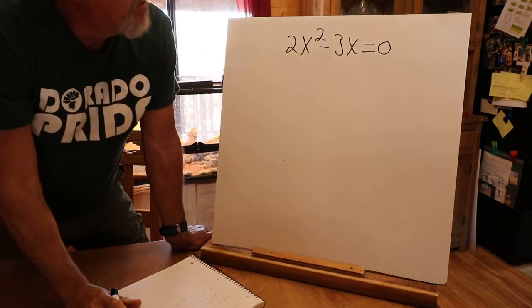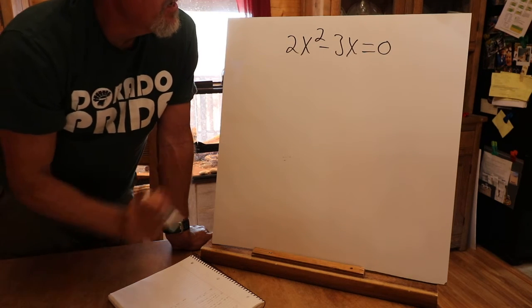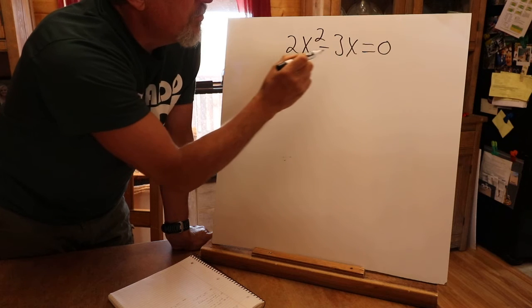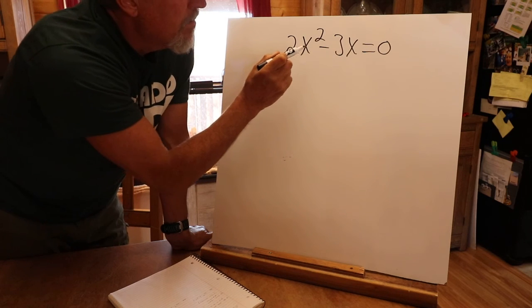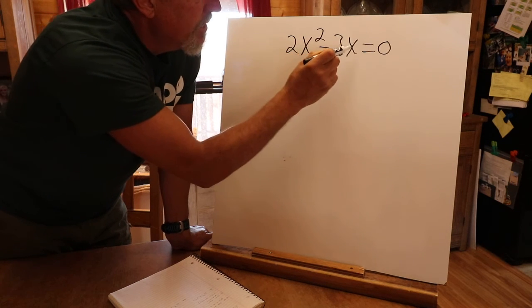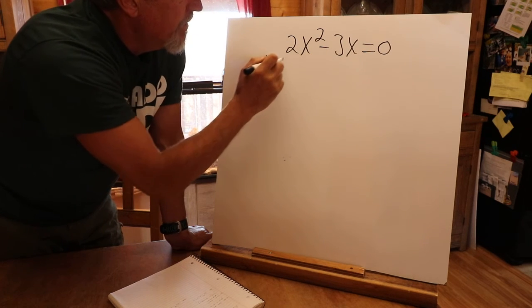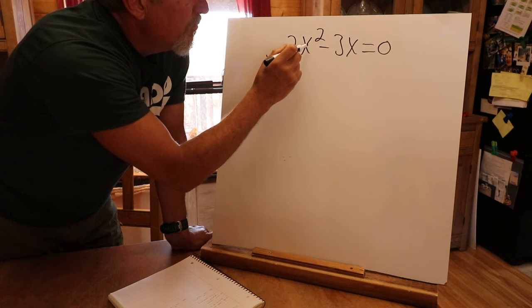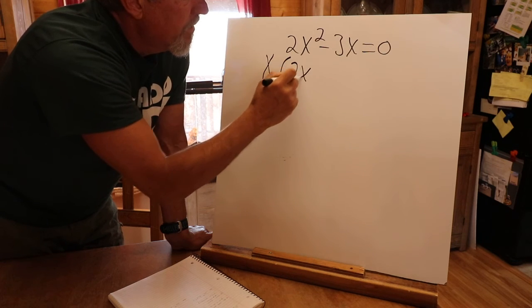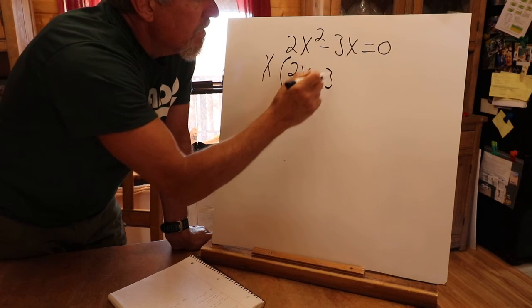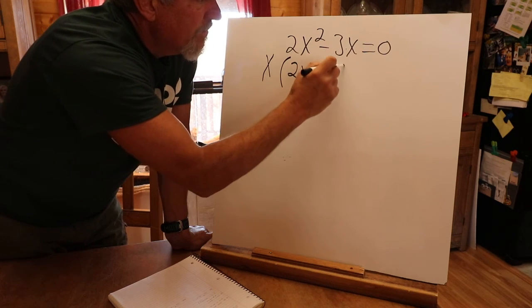Now these both have numbers. You have a 2 and you have a 3, but they're not divisible by anything in common, so you cannot take a number to the front. But since they both have an x and no number at the end, I can slide an x to the front. This will leave a 2x here because I slid the x out. This will leave just a 3 here because I slid the x out.